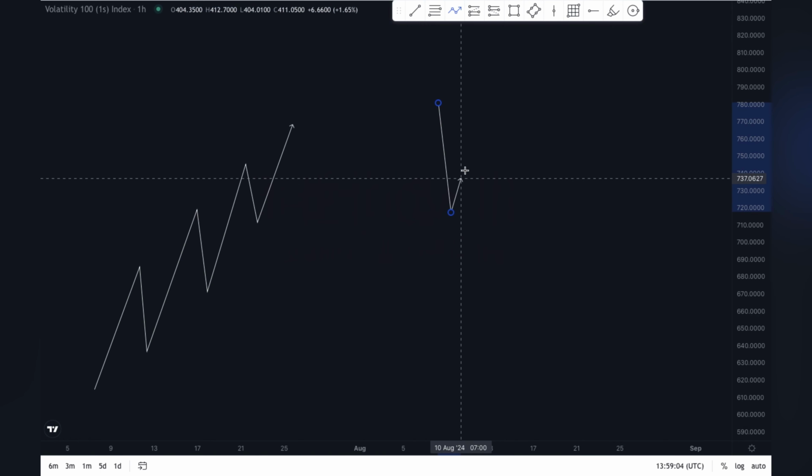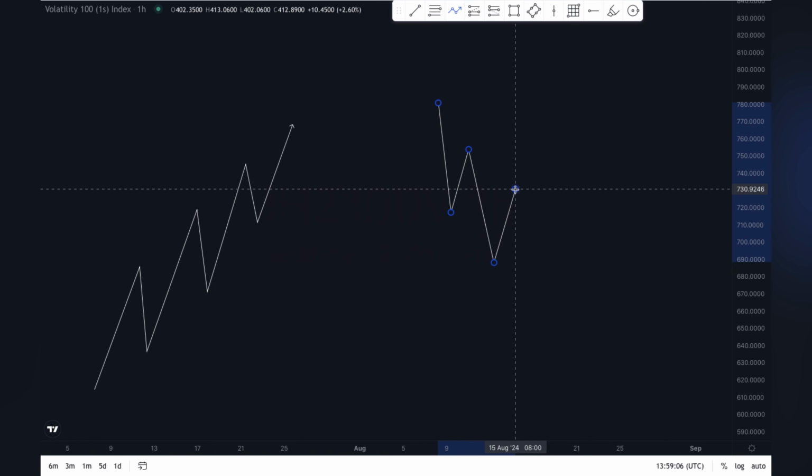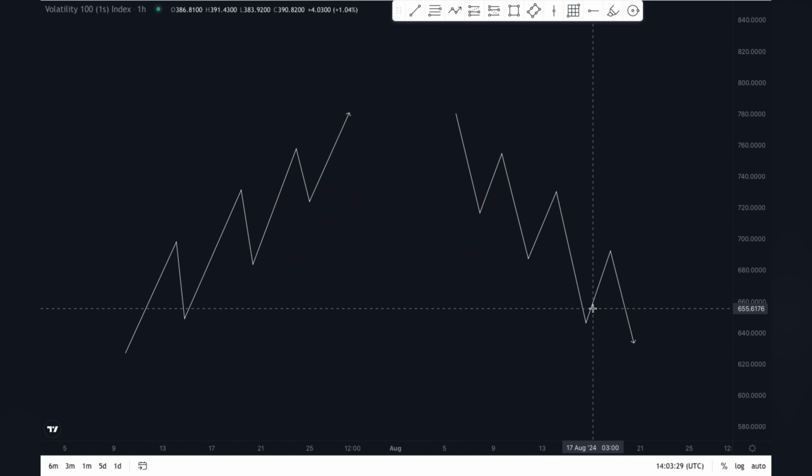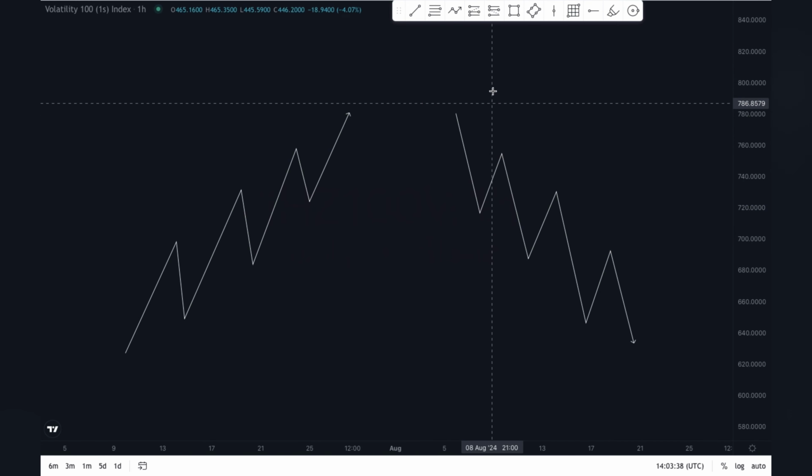So if it's a downside, impulse, correction, impulse, and correction, right? And impulse. So this is how price basically moves when it's in a particular trend. Uptrend creating series of higher highs and higher lows. Downtrend creating series of lower lows and then lower highs.